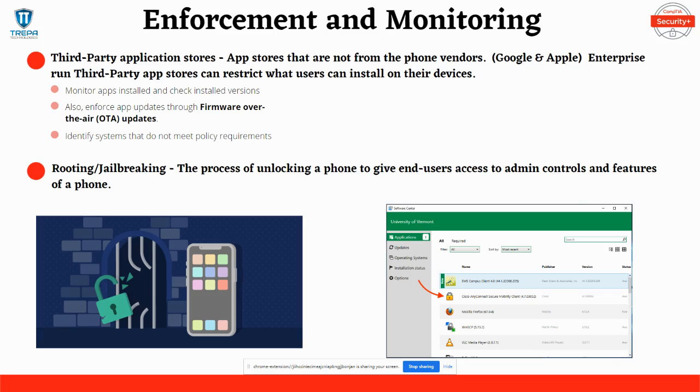This allows better control for the organization as they decide which applications can be installed onto a device. An organization can also enforce how the applications are installed. They can deny applications from being installed from cellular or home Wi-Fi networks, and they can only allow applications to be downloaded and installed while the phone is connected to the corporate network or the corporate Wi-Fi.